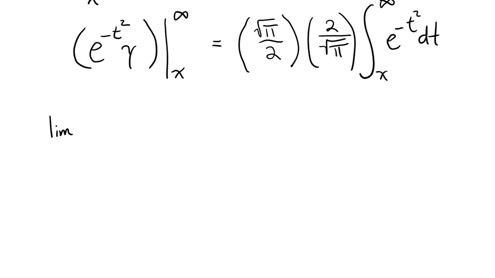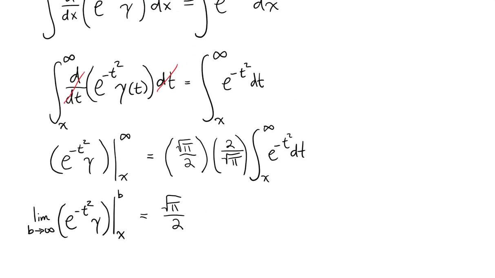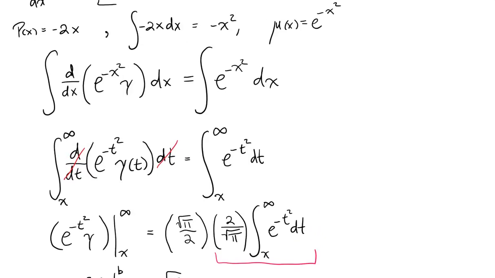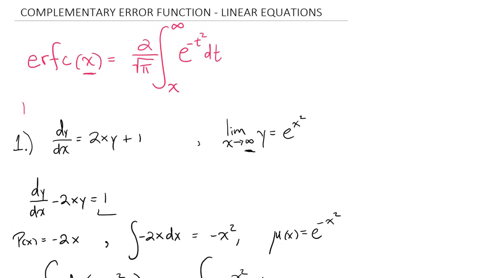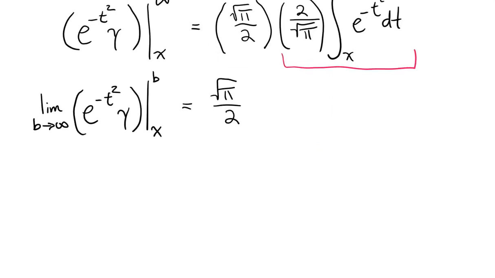So we will say that the limit as b goes to infinity of e to the minus t squared times y of b, we will replace infinity there with b, and this is equal to, on the right hand side, root pi over 2 times our complementary error function. So we will write the complementary error function, erfc of x.